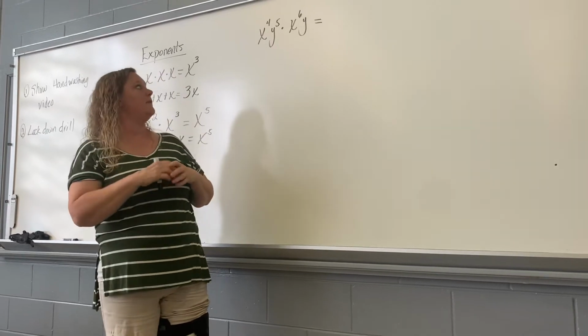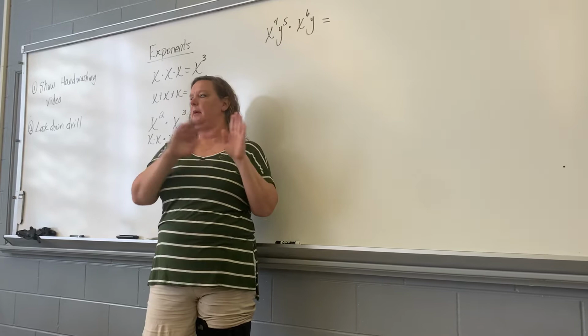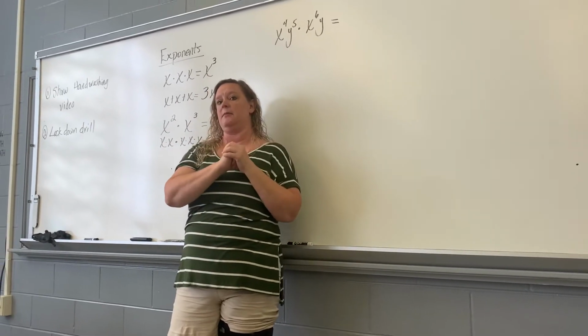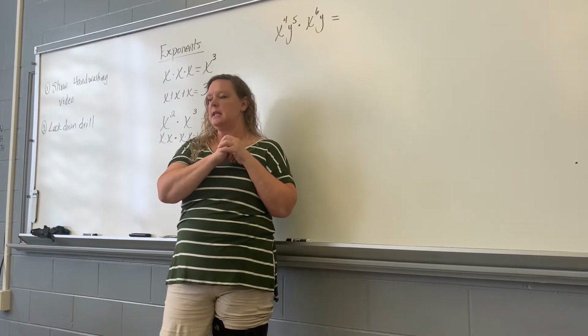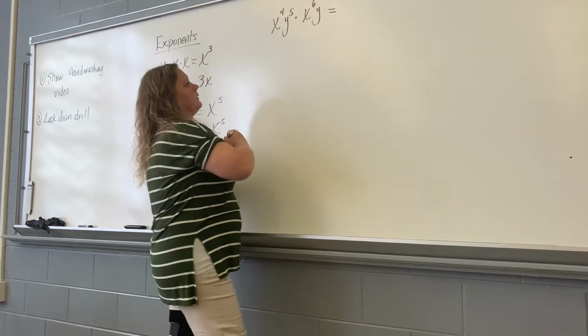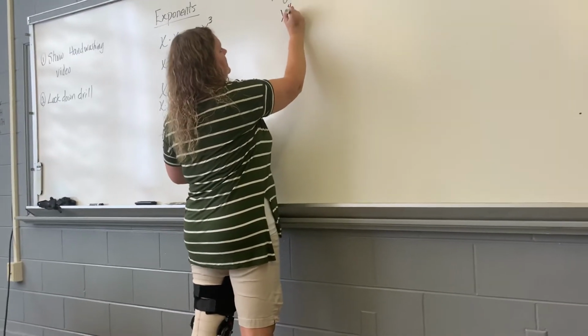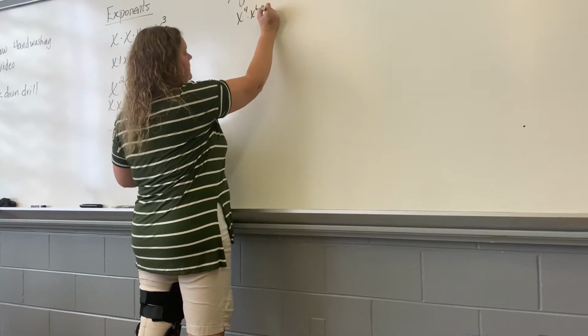So if I have 4 x's that are being multiplied, and then 6 more x's that are being multiplied, how many x's altogether are gonna be multiplied? 10. 4 plus 6, right? So that would be x to the 10th. X to the 4th times x to the 6th is equal to x to the 10th.